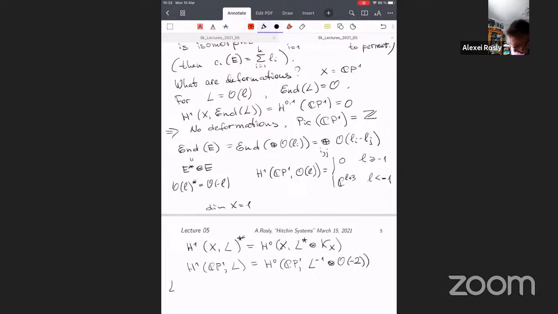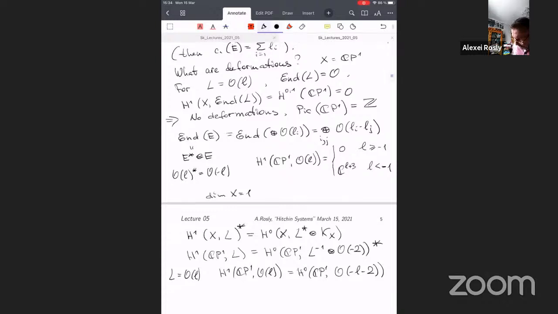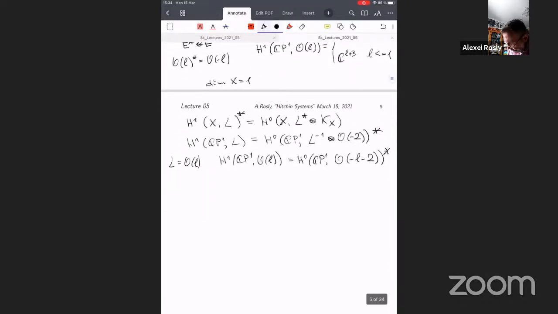Now, if L was O of small l, then we get... so these are dual spaces. In particular, their dimension is the same. And now, what is the dimension on the right-hand side?